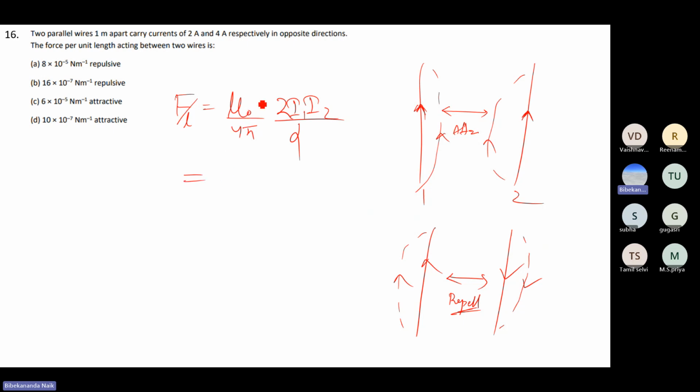Mu0 is 4 pi into 10 to the minus 7, so it will be 10 to the power minus 7 into 2 into I1 is 2, I2 is 4, divided by distance 1 meter.